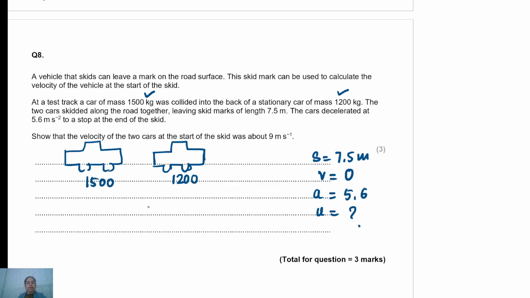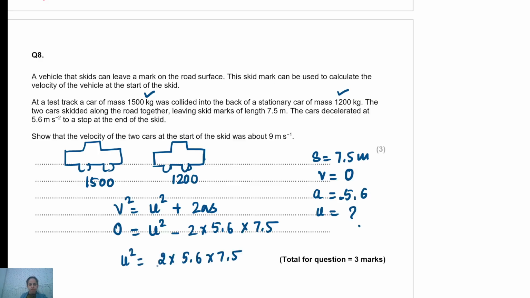Because it is deceleration, I'm doing that correction here, so this becomes minus. So my u squared is 2 times 5.6 times 7.5. Then you take the square root on both sides and you get the initial speed.